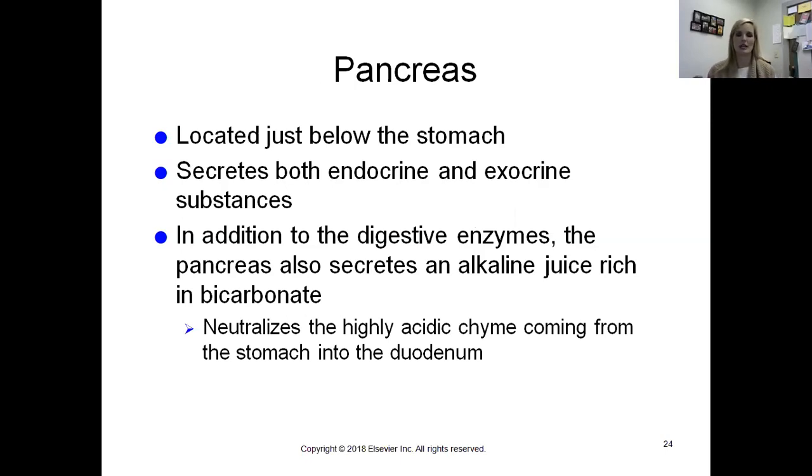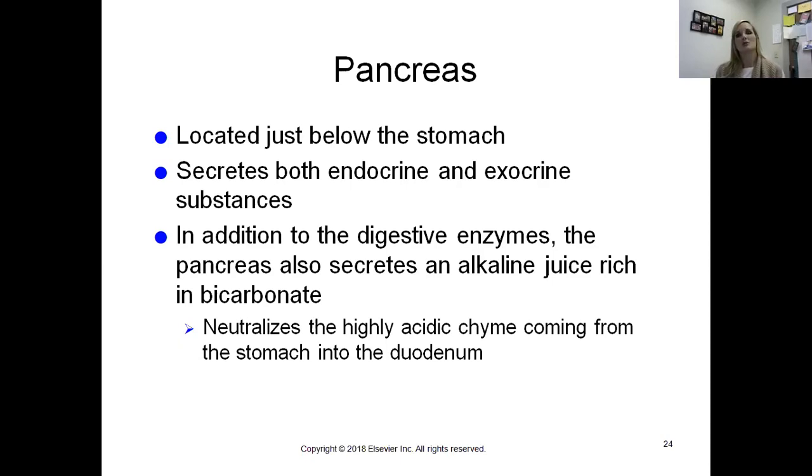There are juices created in the pancreas that will be secreted directly into the duodenum, and that will help in the process of digestion. The pancreas will also secrete what's called alkaline juice, rich in a substance called bicarbonate, which helps to neutralize the highly acidic chyme. And I'm sorry, I meant to mention this to you guys earlier.